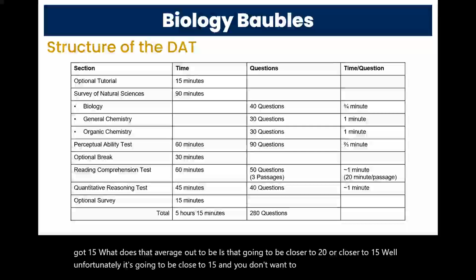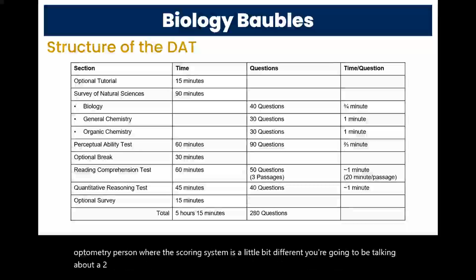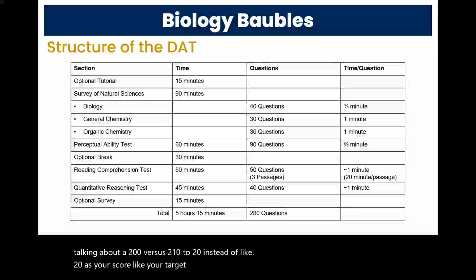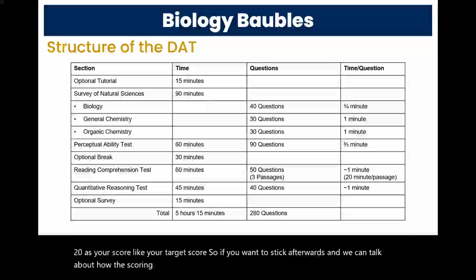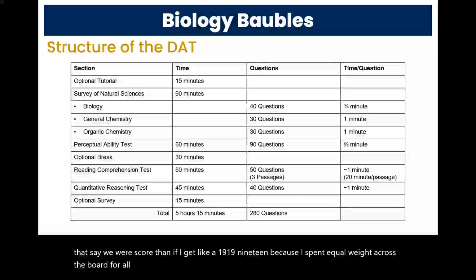And for our optometry person, where the scoring system is a little bit different, you're going to be talking about a 200 versus a 210, 220 instead of like a 20 as your target score. So if you want to stick afterwards, then we can talk a little bit about how the scoring system is different for OAT than the DAT. But if I have 20, 20, 15, that's a way worse score than if I get like a 19, 19, 19, because I spent equal weight across the board for all 3 subjects.